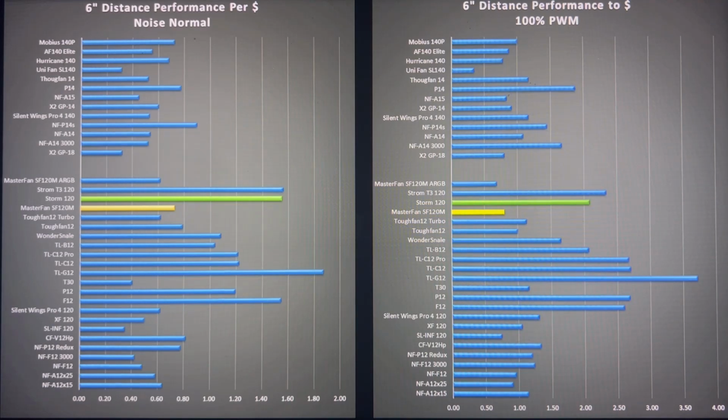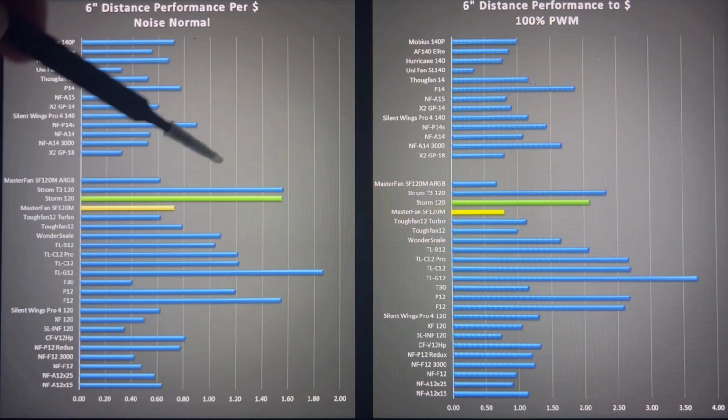If you're on an extraordinarily tight budget and you're looking for the best bang for the buck, you want to focus in on these data graphs and select your fan from here. And if you're an average user, more like myself, where you want to get a good value, but you want good performance, so very good performance at kind of the best value ratio, that's when you compare the two and pick out the best one that suits what you think your needs are.